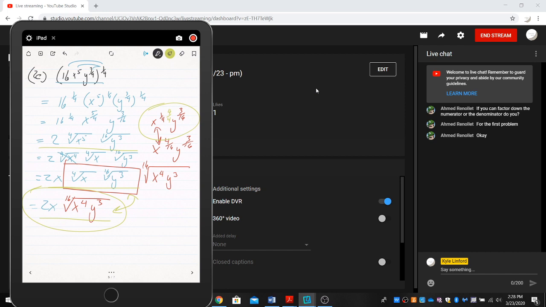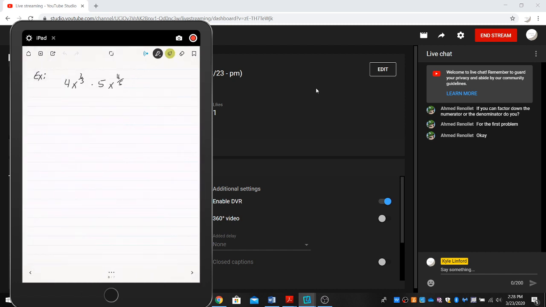Let's go ahead and now try an example problem I came up with that's very similar to the first problem in the exit ticket for 10.2. So here we have two expressions being multiplied together, and we notice that the expressions contain rational exponents.